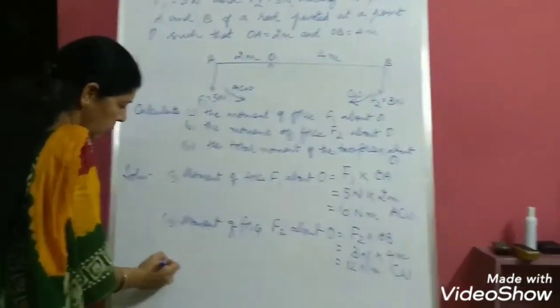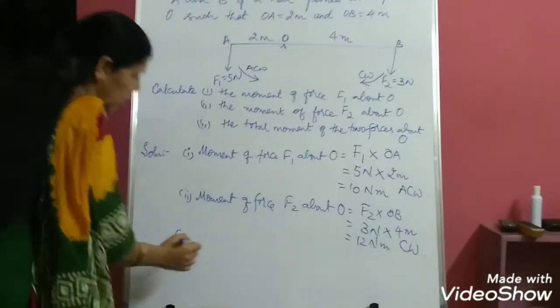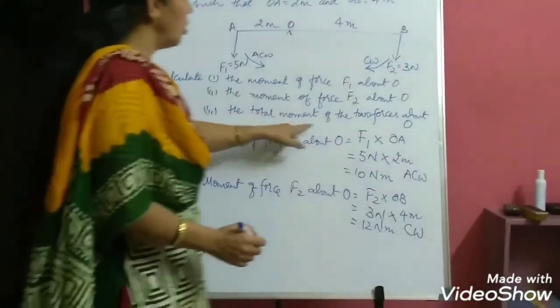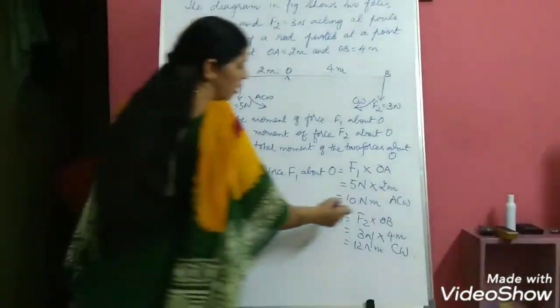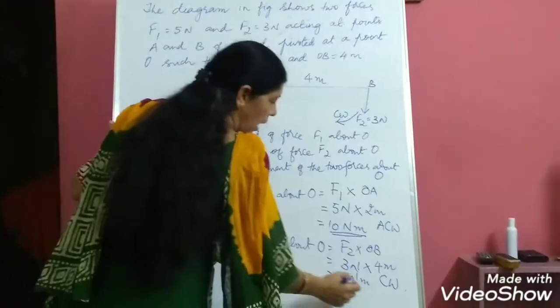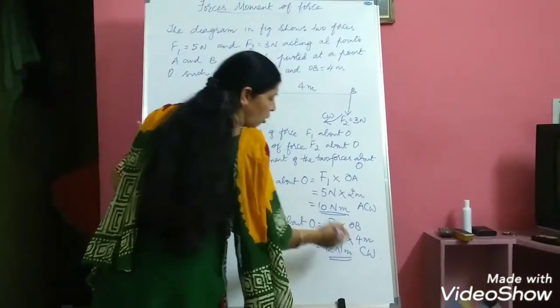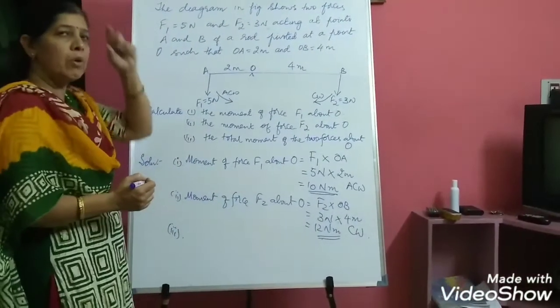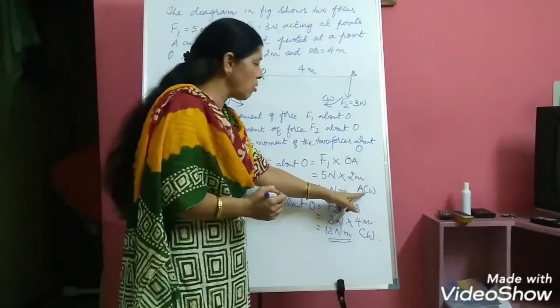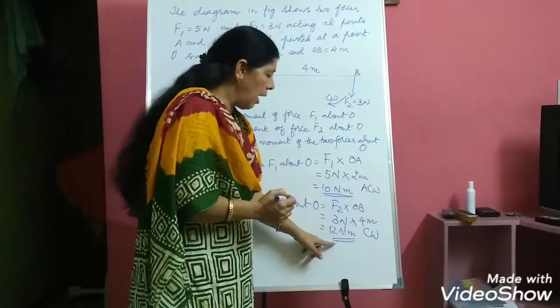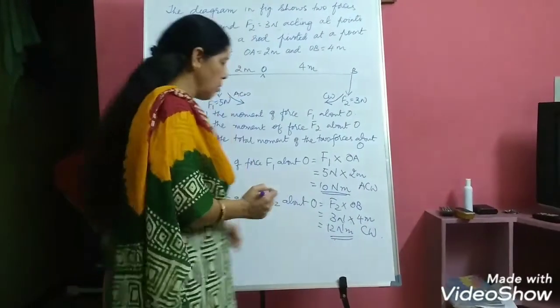Now third sub question. We need to calculate the total moment of the two forces about O. If you observe, the moment of force F1 and the moment of force F2 are different. Already I have told you what sign convention we have to take: anti-clockwise moments take positive sign and clockwise moments take negative sign.